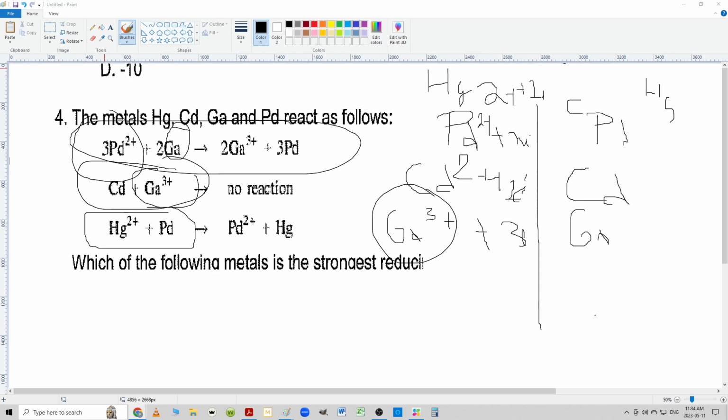Let's see if there's a reduction potential for Cd2+. Yeah, there is. It's negative 0.403. We're going to look up the reduction potential for Ga3+, because that's what we want.